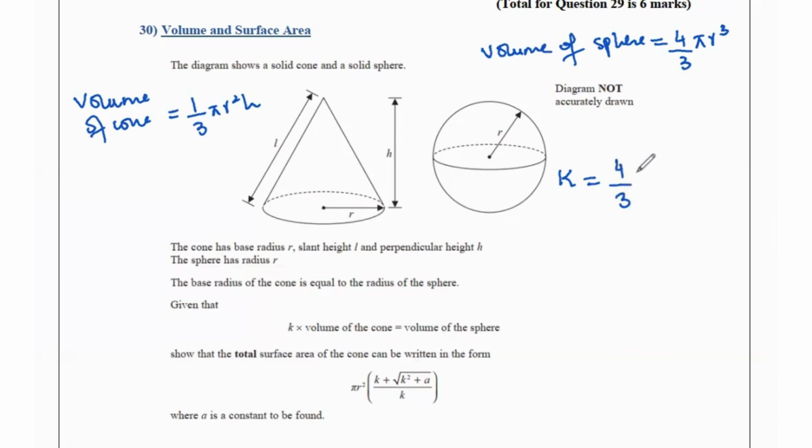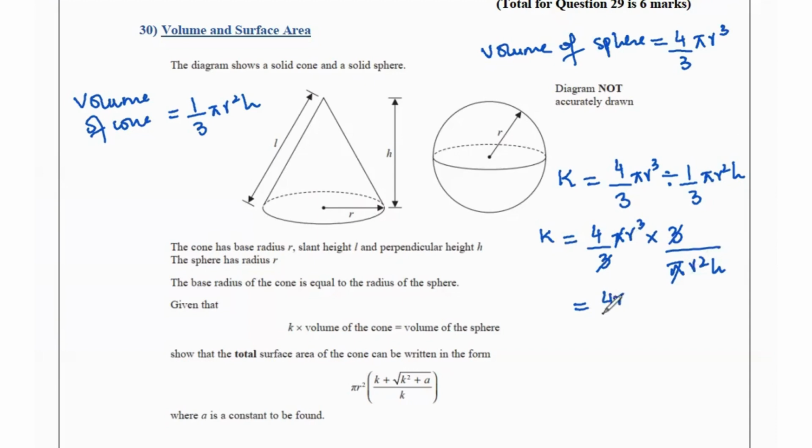So 4 over 3 pi r cubed divided by 1 over 3 pi r squared h. So K equals 4 over 3 pi r cubed times 3 over pi r squared h. The 3's get cancelled out, the pi gets cancelled out. R cubed divided by r squared is r. So 4r over h is your K.